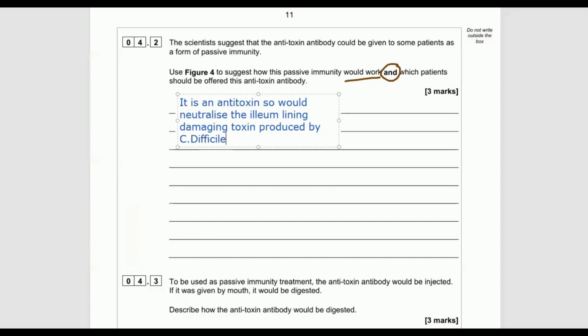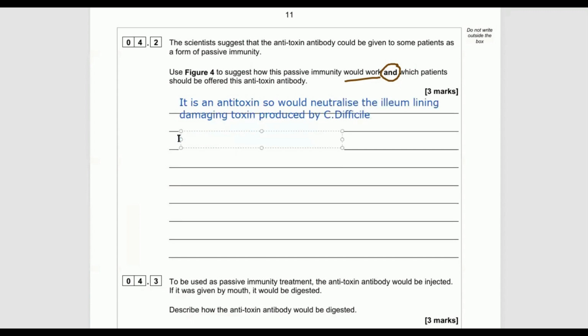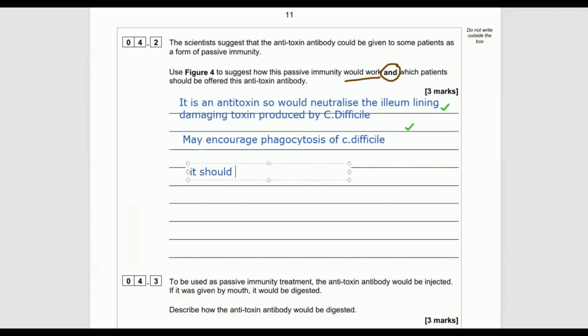They would then have the antitoxin in their body, which would neutralize the C. difficile's toxin that's damaging the lining of the ileum. So no longer would they get a damaged lining of the ileum. It also may encourage phagocytosis of the C. difficile, as the antibodies would join to the C. difficile and cause agglutination, and that would encourage phagocytosis by making a big clump of the C. difficile.